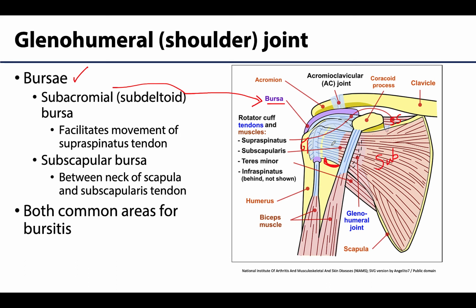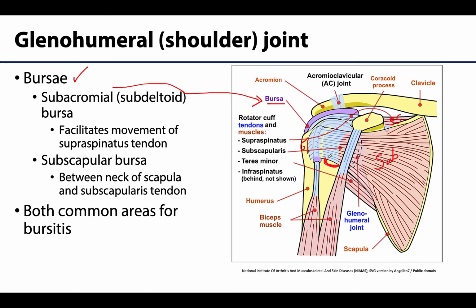So it helps in terms of reducing the friction associated with movement of the subscapularis, as that tendon could rub up against the bone in those areas, but you have that bursa there to help reduce that friction. So whereas the subacromial or subdeltoid bursa is going to be more superiorly placed, the subscapular bursa will be more anteriorly placed.